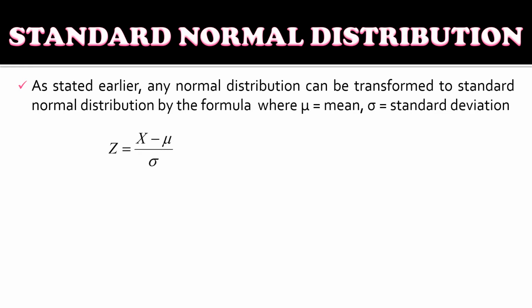So the formula is z equals x minus the mean divided by the standard deviation. Or, if we have two values of x, we have x sub 2 minus the mean divided by the standard deviation minus x minus mean divided by the standard deviation.